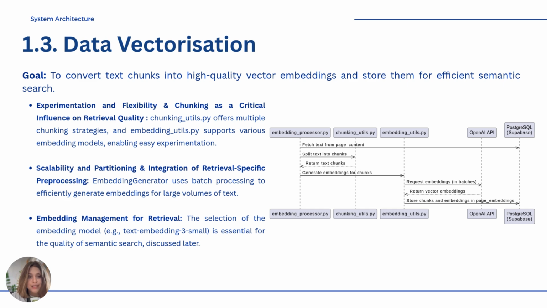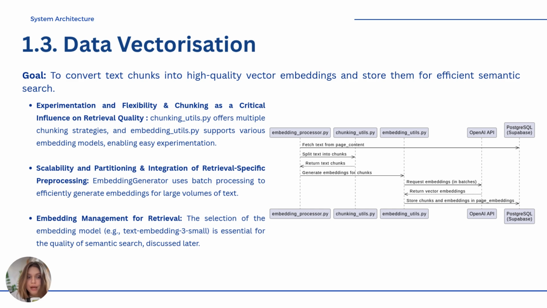Then we have data vectorization. This step involves converting clean text into high quality vector embeddings for efficient semantic search. The process includes fetching content from the database, using chunk utils to split text into configurable chunks for flexibility, and generating vector representations by calling one of the models.